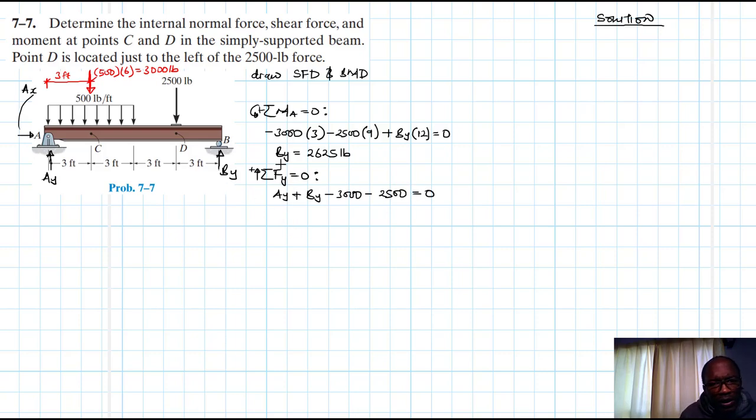We've already calculated BY, so our AY is just going to be 2625 minus 3,000 minus 2,500, which gives AY equal to 2875 pounds.